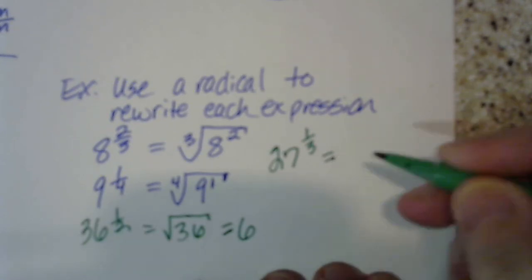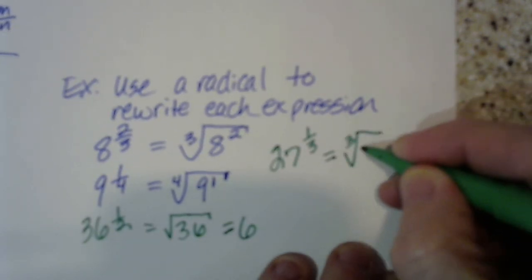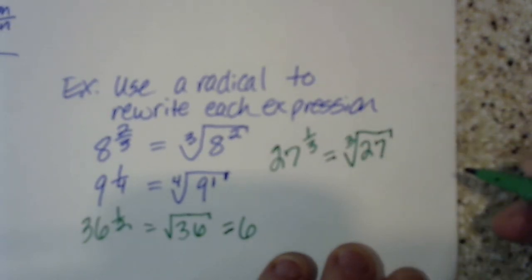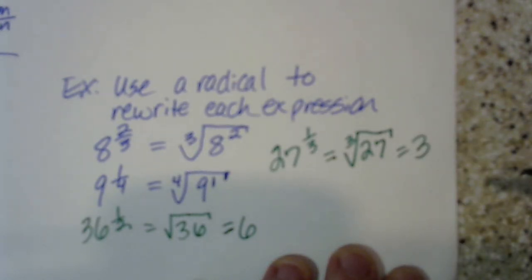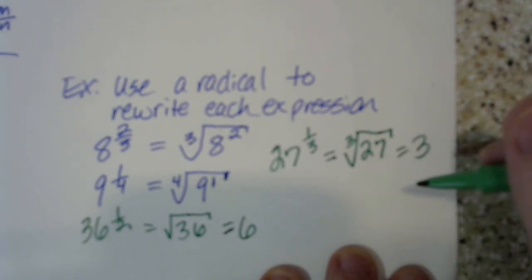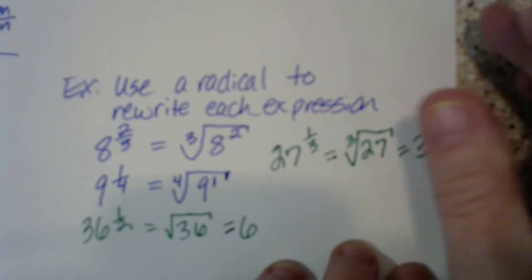And we know that that is the same as the cube root of 27. And we know the cube root of 27 is 3. Okay? So that's why we have to know how to work with radicals in 10.1 and how to work with exponent rules, because there's a connection between the two.